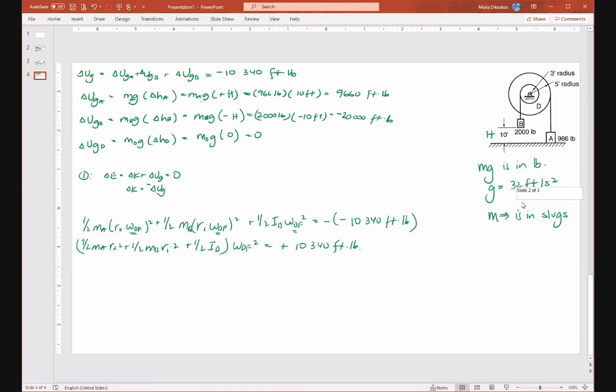So your mass is in slugs. G is 32 feet per second squared. Mg is in pounds. So M is going to be your mg value divided by G, so your pounds value divided by 32.